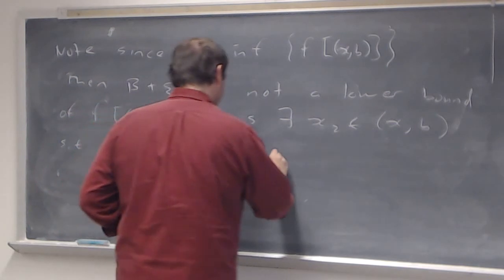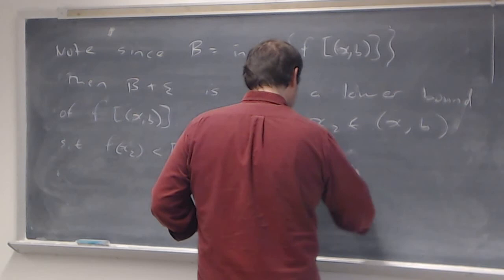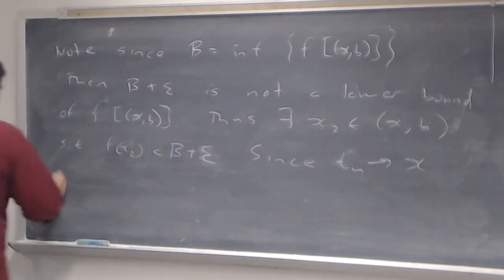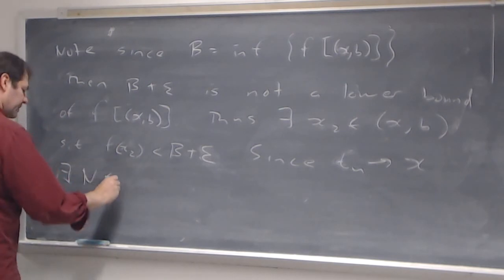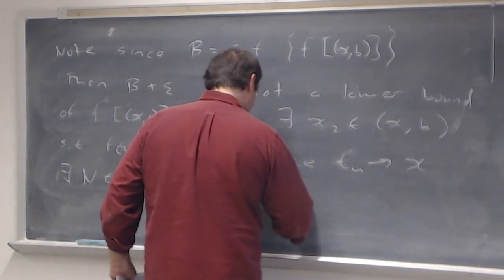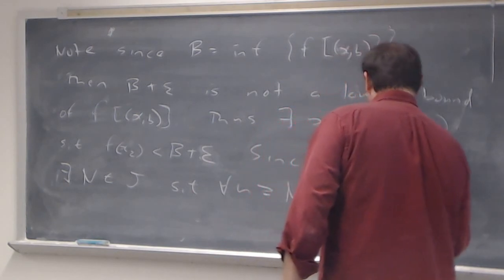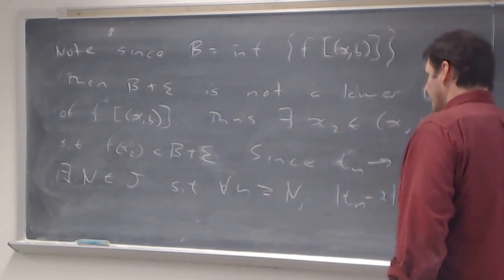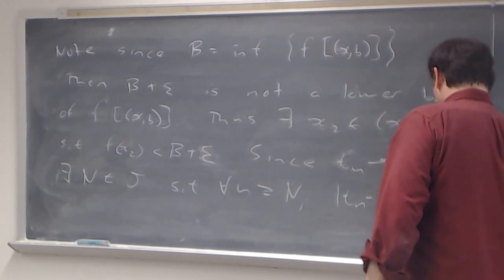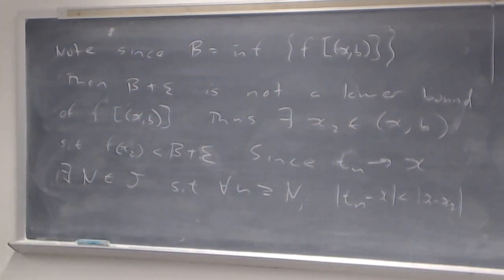Now, since t sub n converges to x, there exists an N element of the natural numbers such that for all n bigger than or equal to big N, the distance between t sub n and x will be less than, I'm going to have it be less than, x sub 2 minus x. And again, x sub 2 is in this interval, so it can't be equal to x, so this part is non-zero.